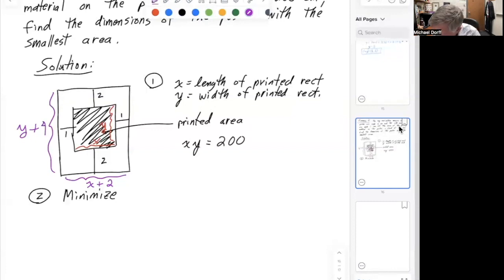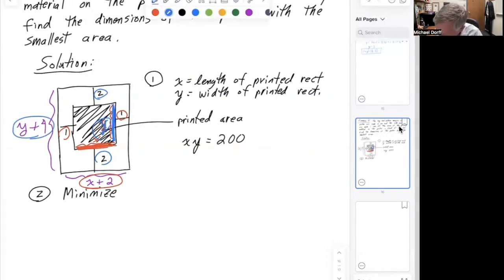How did we get that? Well, again, remember, this length is X, and then I've got this 1 and this 1 here. So I'm going to get X plus 2, because I'm going to have X plus 1 plus 1. And in the other direction, we've got this length here, which is Y. So we've got 2 plus Y plus 2. So that's going to give me the Y plus 4.